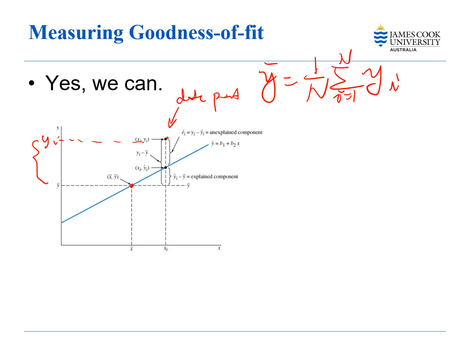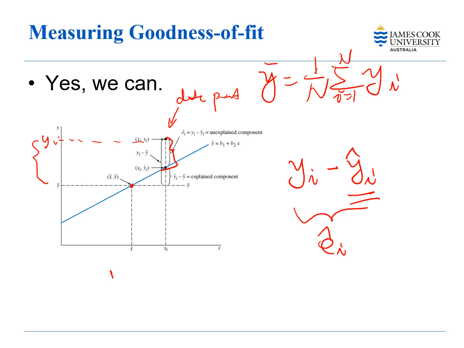And the second part is yi, the actual value of y in the data, minus yi hat, the value of y according to our regression line. The difference is the residual ei hat. So this part is not explained by our regression. It's the unexplained component.